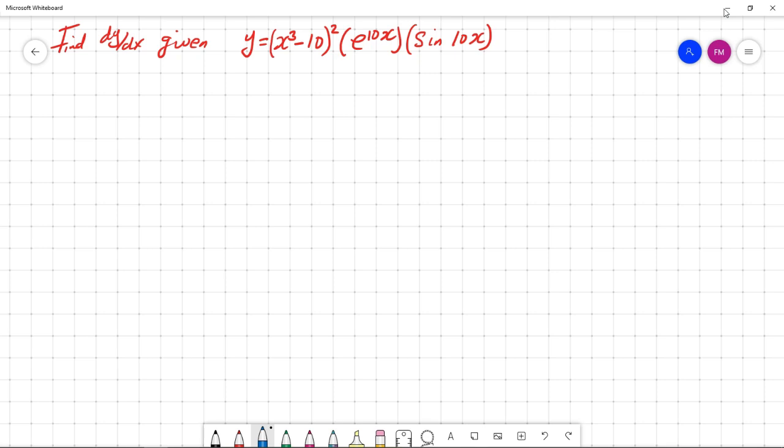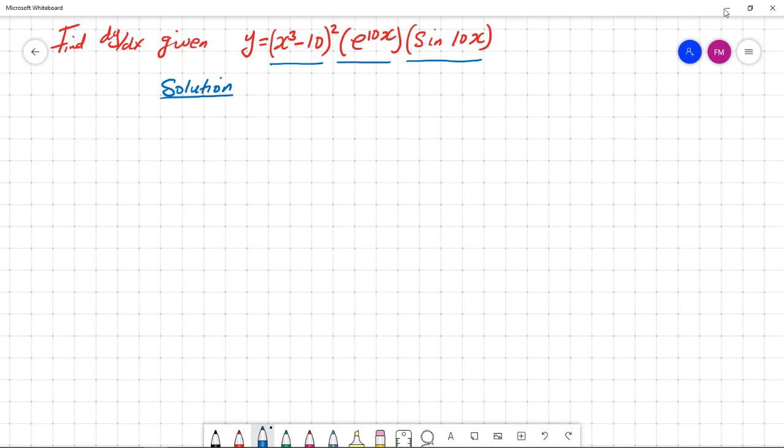So in this case, we are going to use product rule because we are dealing with a function which is a product of three functions. There is this part, there is this part, and there is this part. Solution.